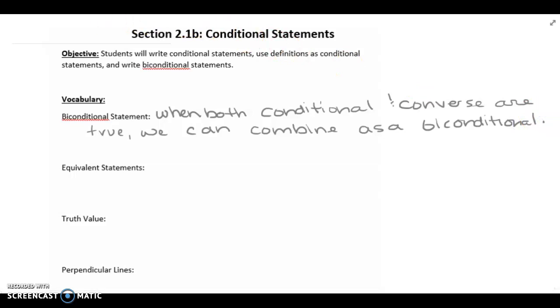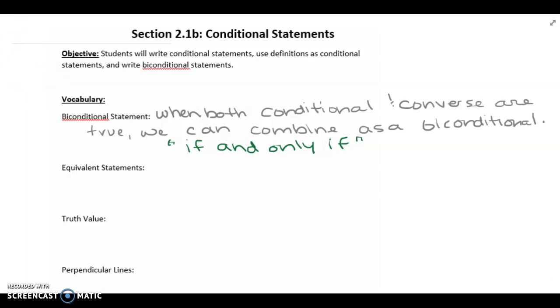And remember, a biconditional statement in the middle is if and only if. There's no if at the beginning of the statement. There's no then in the middle. It's just if and only if in the middle of the statement.